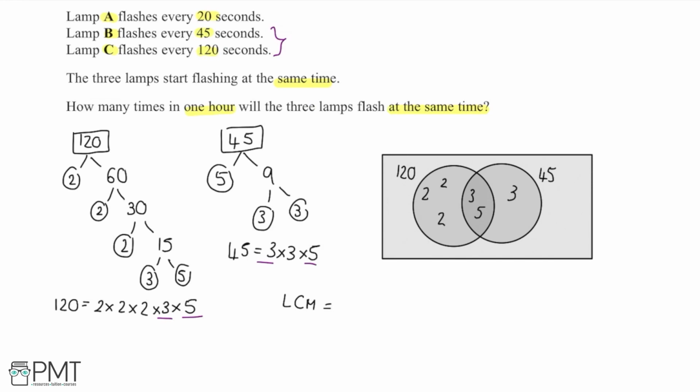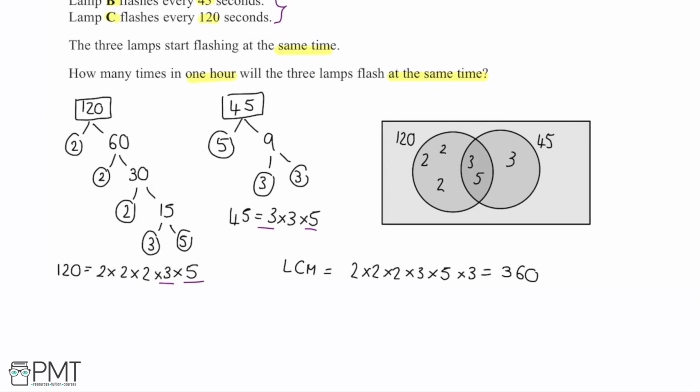So we can multiply all of those together, so we get 2 times 2 times 2 times 3 times 5 times 3, and that gives us an answer of 360.